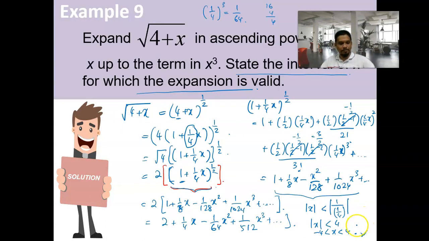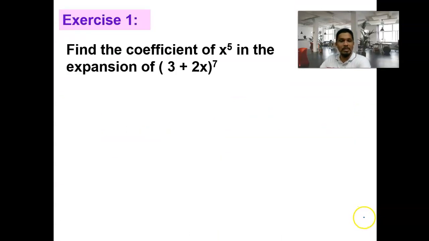Okay, so now here comes the exercise, which I let all of you try by yourself. And for this one, I'll give you the answer. Find the coefficient of x to the power of 5 in this expansion here.